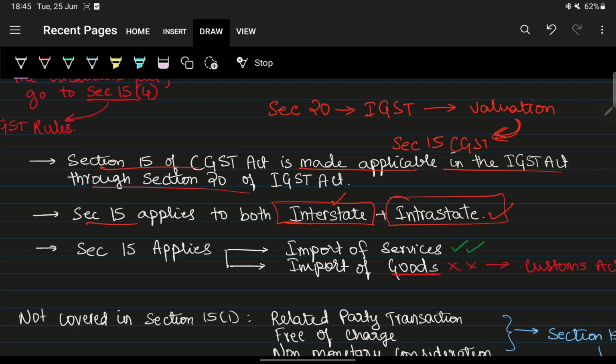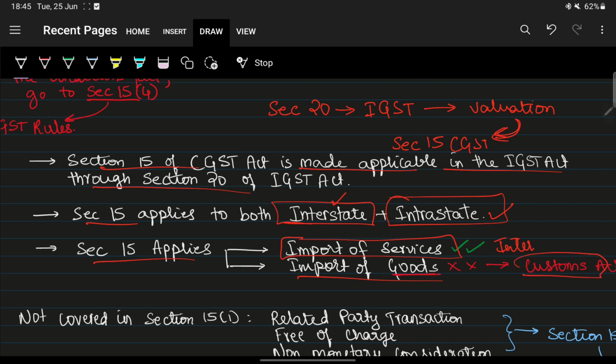Next, section 15 applies to import of services only. It does not apply to import of goods. You have to remember this when it comes to valuation. Section 15 talks only about importation of services and not importation of goods. Where is import of goods covered?